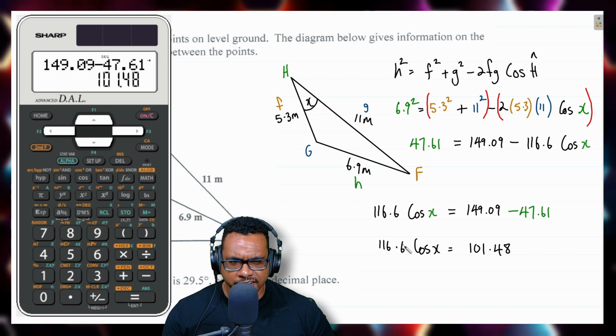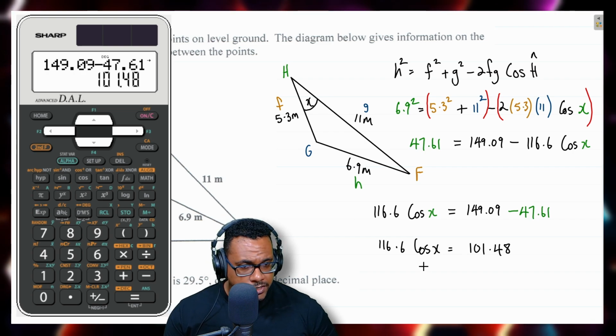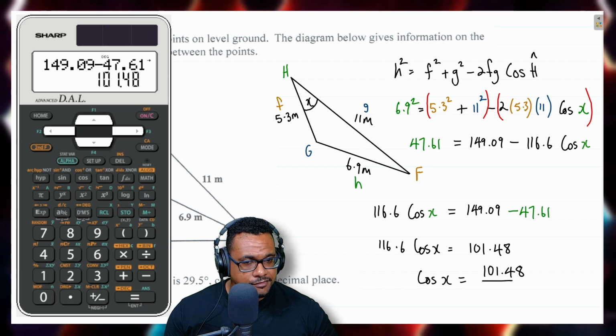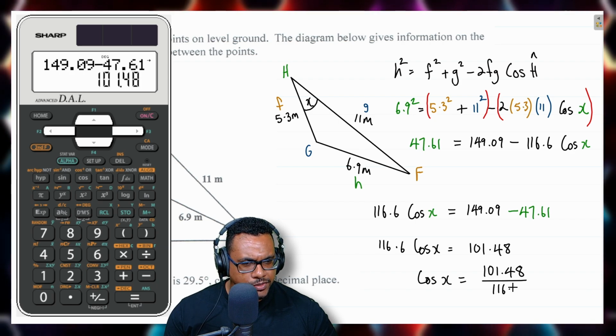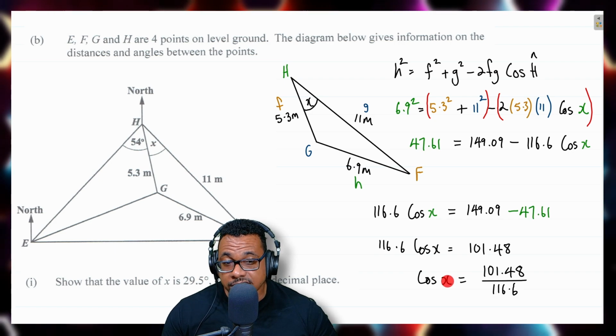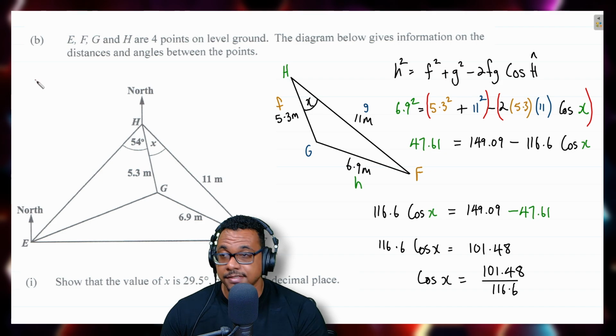Or I could say, divide both sides of the equal sign by 116.6. Either way, you're going to get cosine x is equal to 101.48 divided by 116.6. So x would be equal to the cos inverse of 101.48 divided by 116.6.